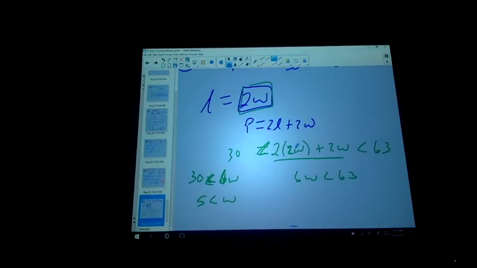Or tablet or whatever you're gonna call it. Divided by 6 is 21 halves, 21.5. Cool. 21 over 2. So our widths are between 5 and 21 over 2, or 11 and a half.